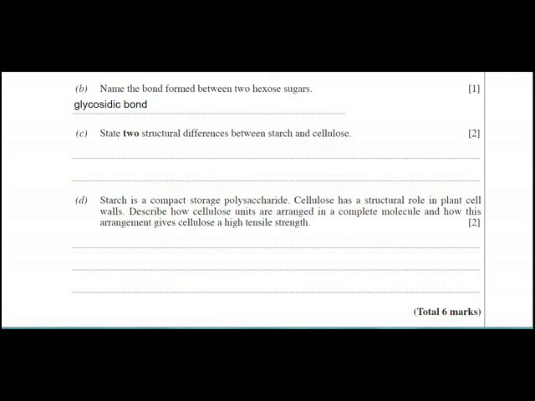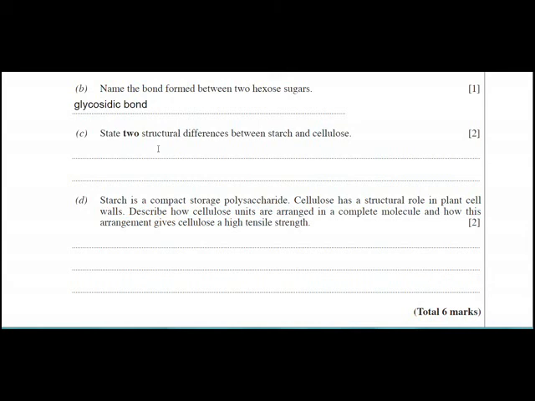Now there are many structural differences between starch and cellulose, but there's a little trick to answering this type of question. Let me give you an example of a structural difference: starch is made up of alpha glucose and cellulose is made up of beta glucose.